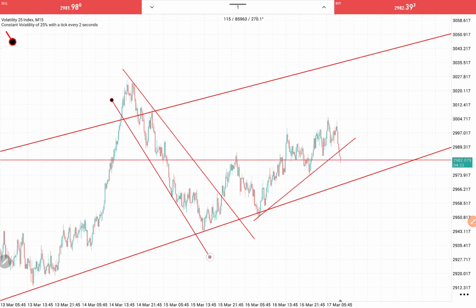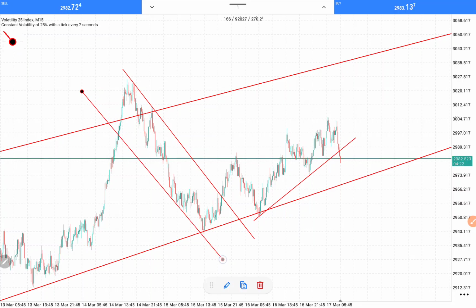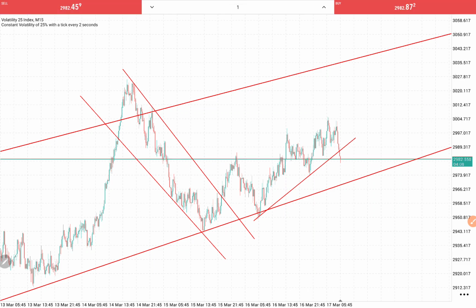So another trend line like this, another trend line like this. Let me draw this one. Sorry. Okay. Another trend line like this. And what else can we draw?